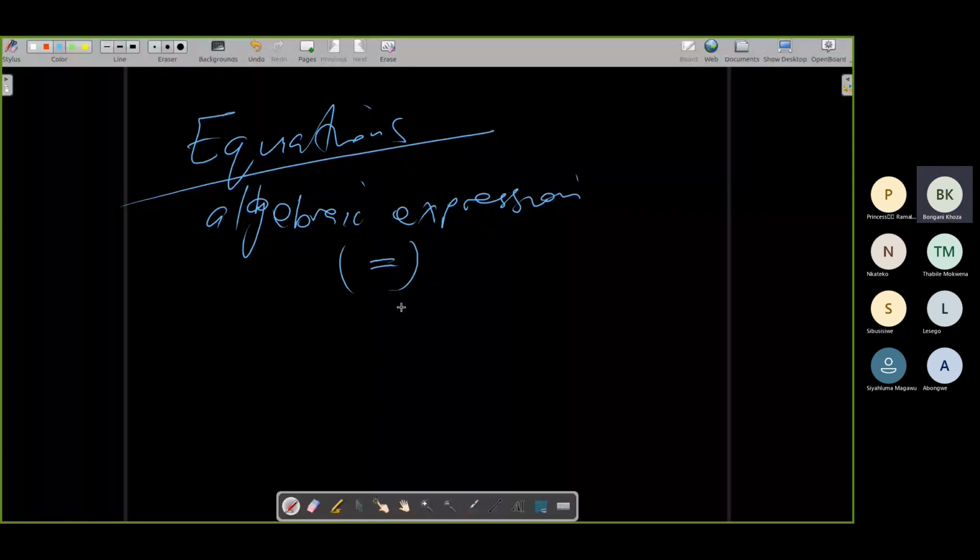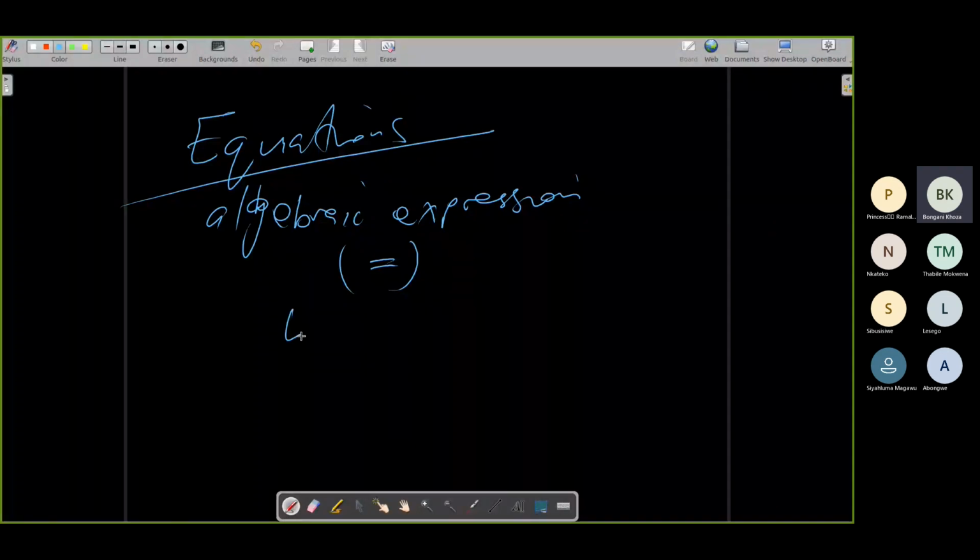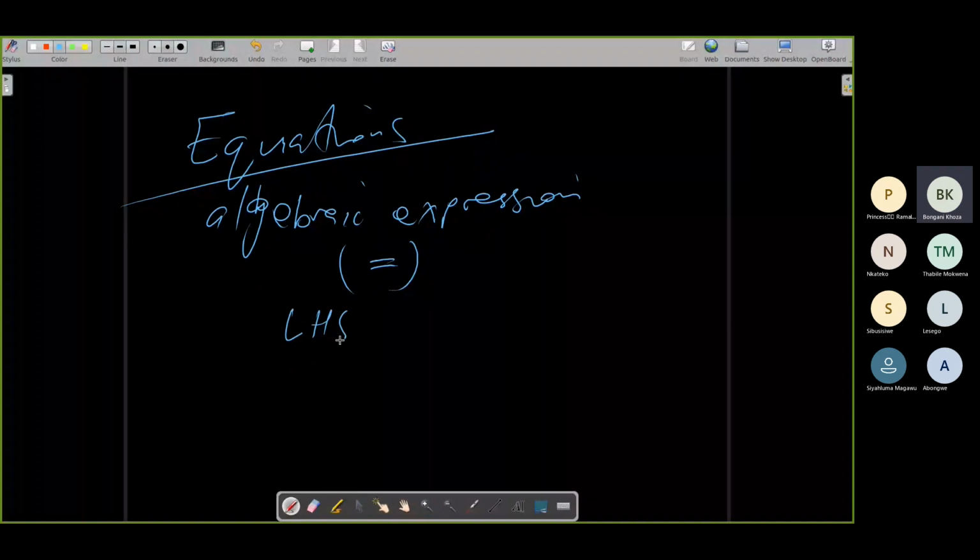So what we are trying to do is find a way such that our left-hand side of the equal sign is the same as our right-hand side.